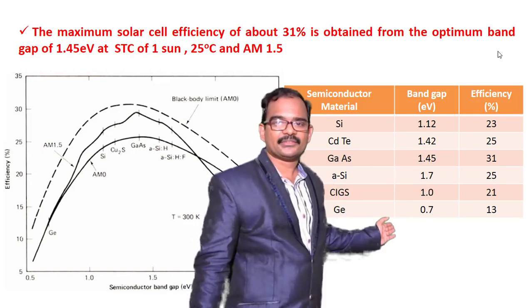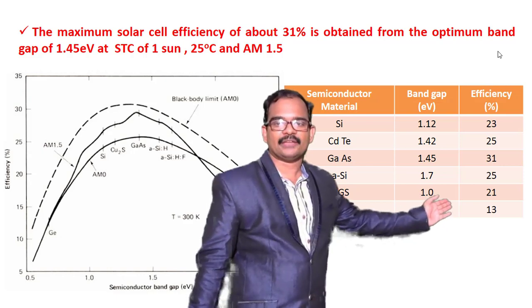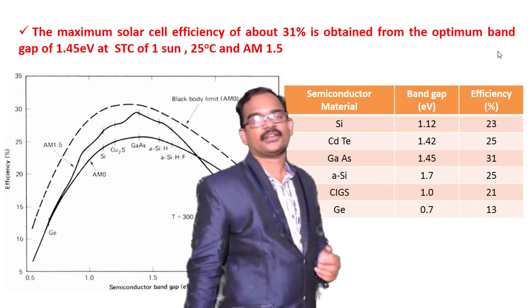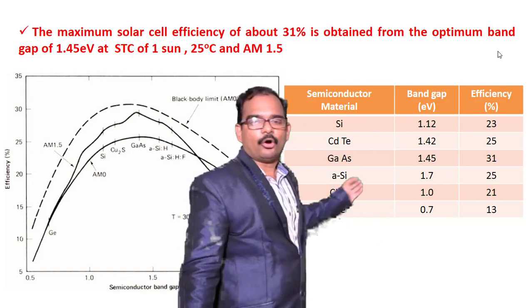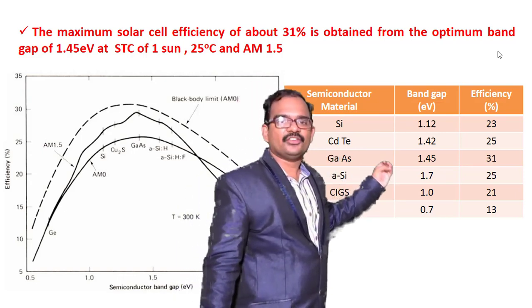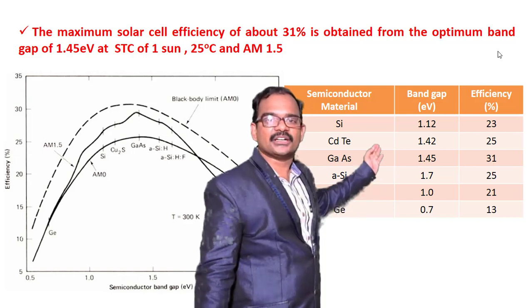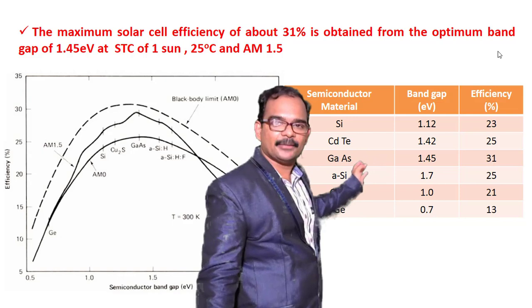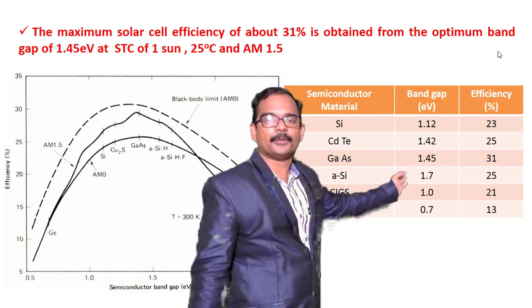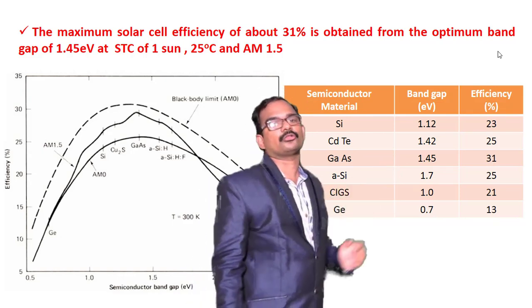For germanium, it is 0.7 electron volt and the efficiency is 13%. As you can see from this table as well as from this graph, the optimum value of the efficiency of a solar cell will be about 31%, and that is obtained by a material called gallium arsenide, which has a band gap of 1.45 electron volts.